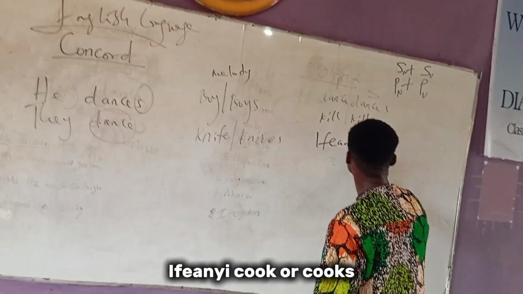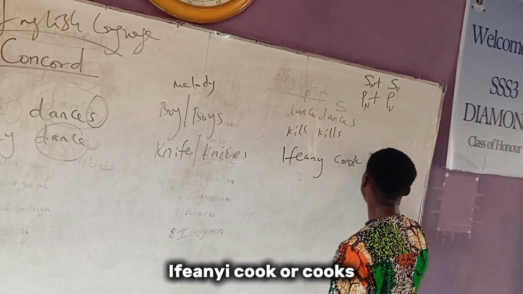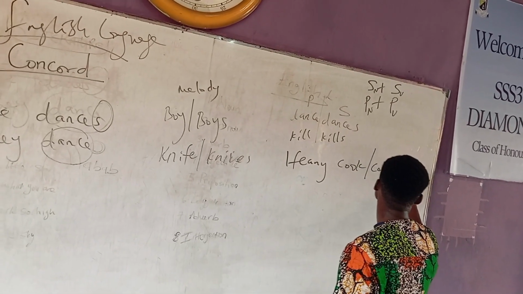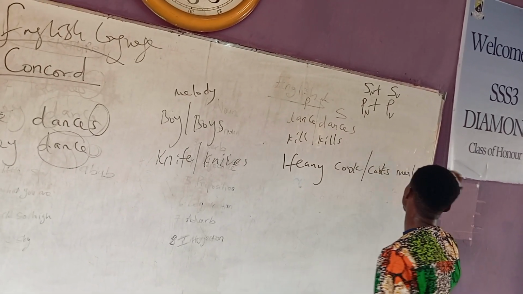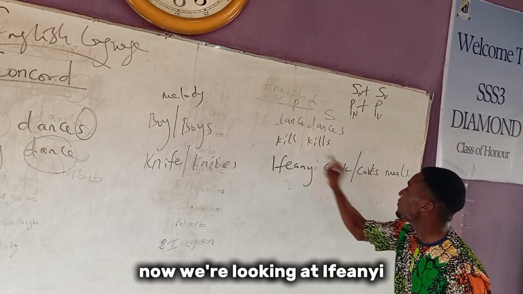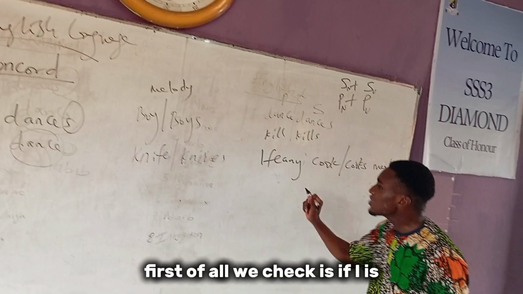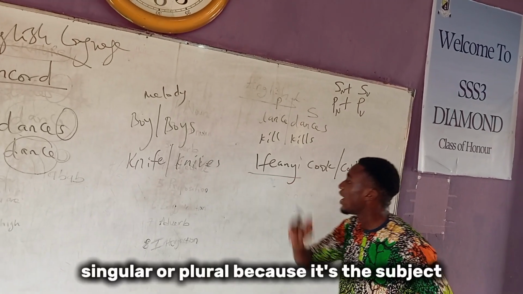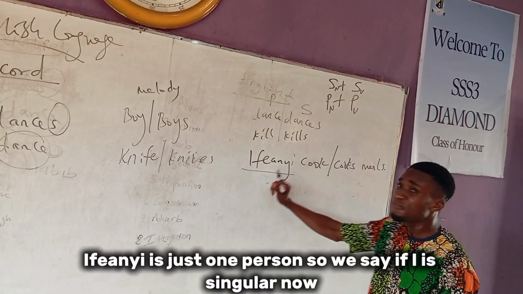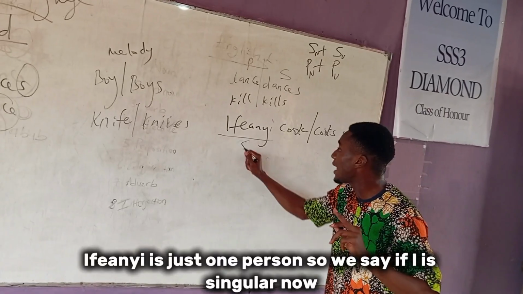Ifeanyi cook or cooks meals. Now we're looking at Ifeanyi and cook or cooks. First of all, we check, is Ifeanyi singular or plural? Because it's the subject. Ifeanyi is just one person, so we say Ifeanyi is singular.